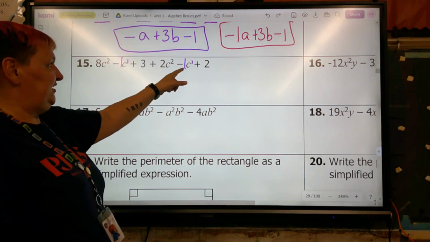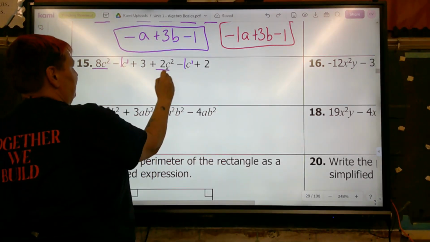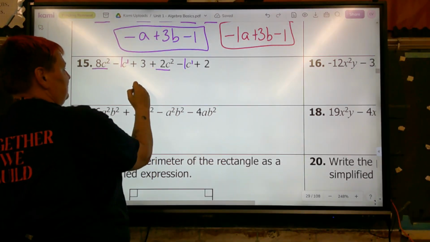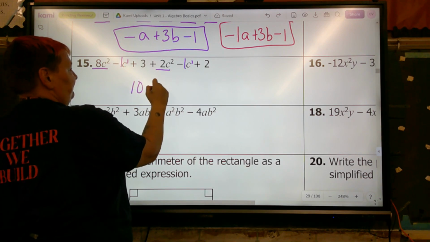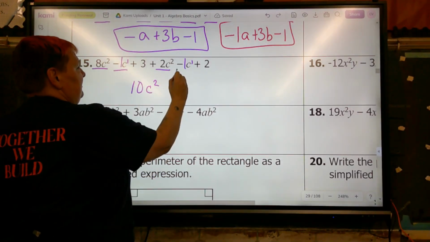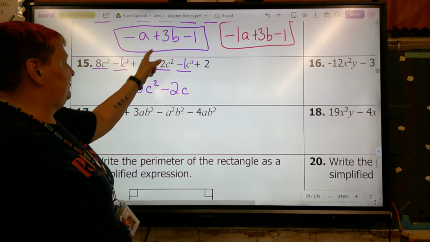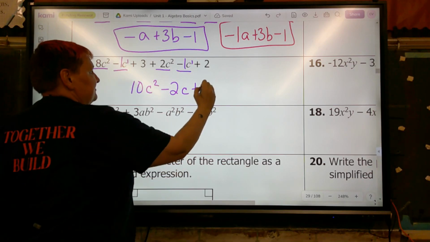So these two can be combined, and these two can be combined. Alright, so highest exponent first, 8c squared plus 2c squared is 10c squared. And then negative 1c minus 1c is negative 2c. And then 3 plus 2 is positive 5.